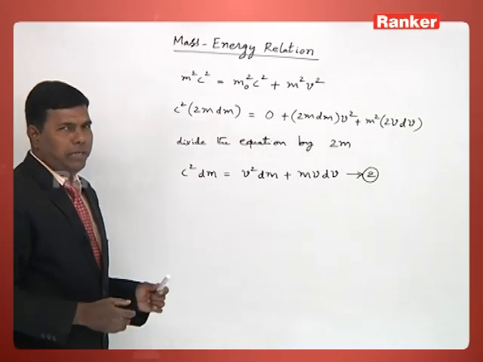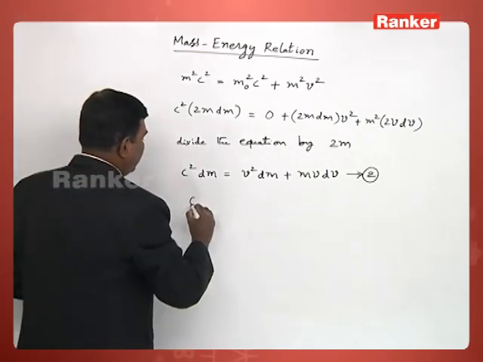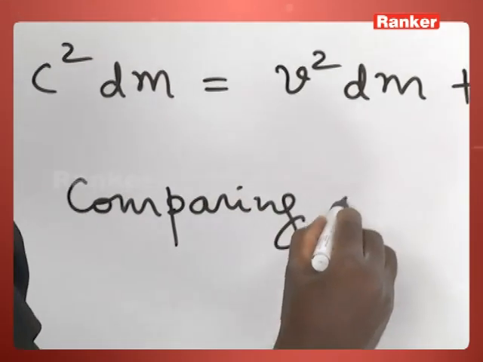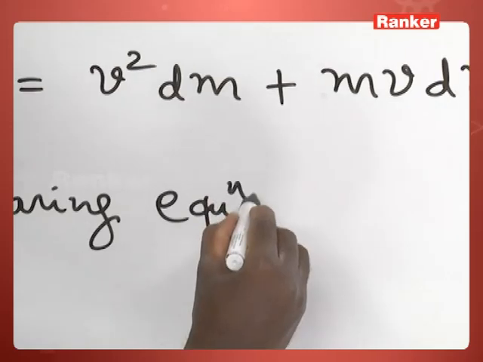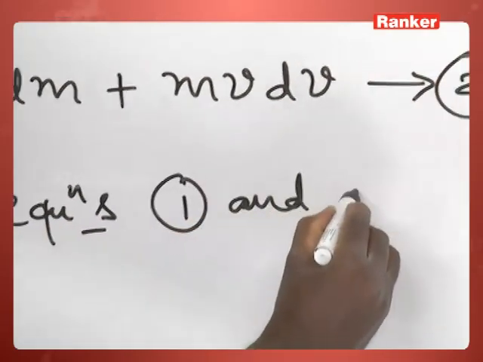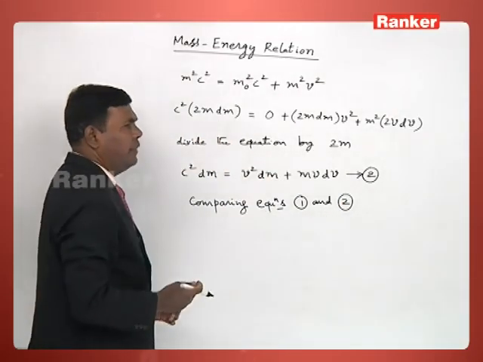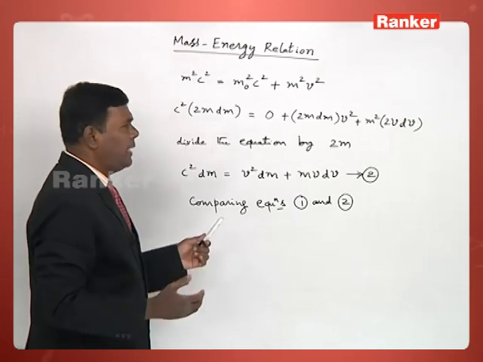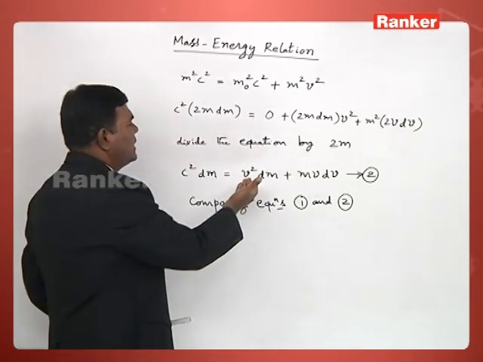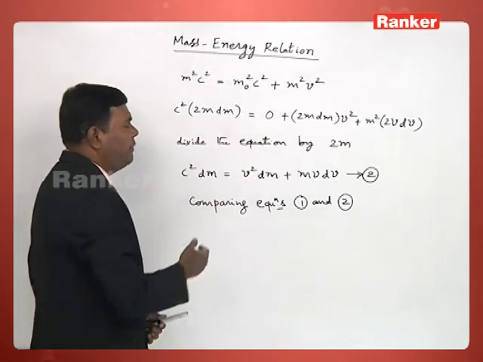You can compare the previous expression, that is equation 1 and equation 2, comparing equations 1 and 2. You can see the right hand side of both the equations is the same. In the earlier expression 1, we got mv dv plus v² dm, which is the same as the RHS of equation 2.